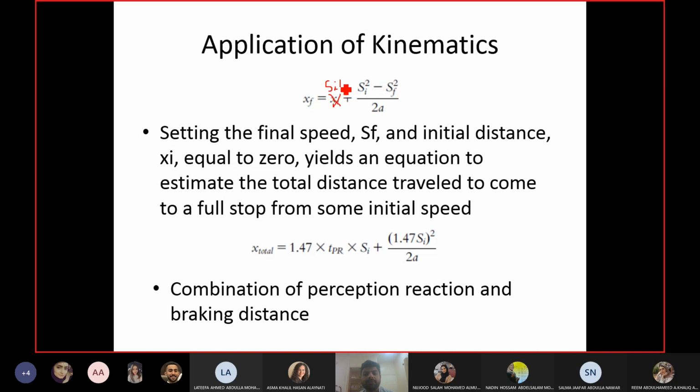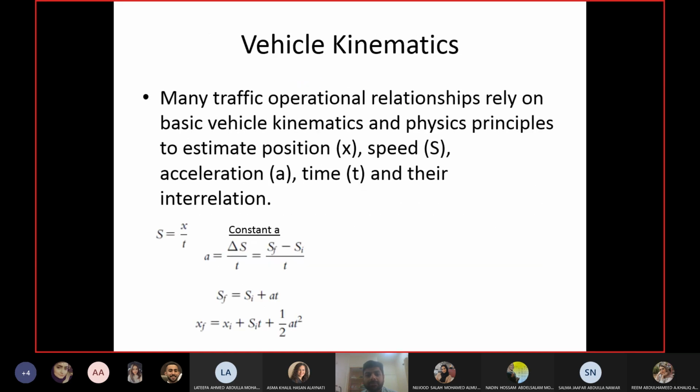This should be SI into T because we are putting the initial position as 0. And how are we getting this? We basically replace the value of A and T here, because it was half AT square. So I replaced the value of A and T. So A was this thing, and T was coming from here.